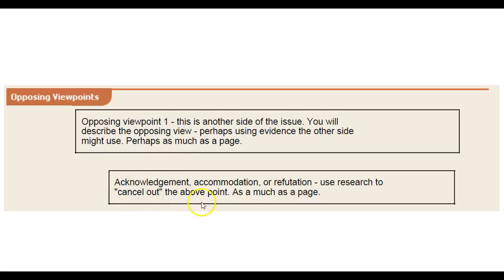Then you're going to try to rebut or refute that point with your own point and any evidence that proves that you are right and that other viewpoint is wrong. You are not taking both sides. You're sticking to your point, but by recognizing the other point, you're making your argument stronger, and that might be as much as a page.